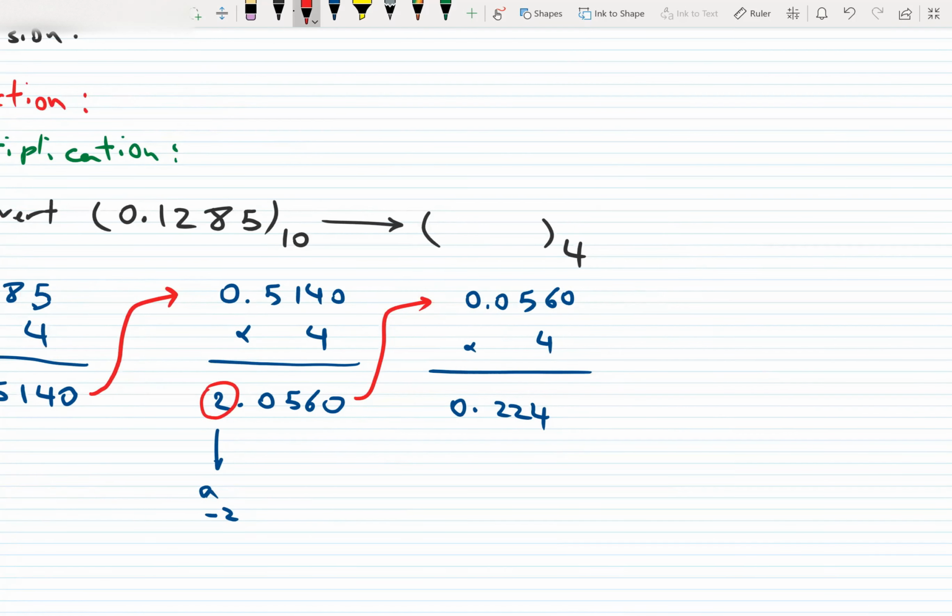0.8960 times 4 is 3.5840, and we keep this 3 as a minus 5. We see that if we continue this process, we need to go forever, so it never reaches the end.